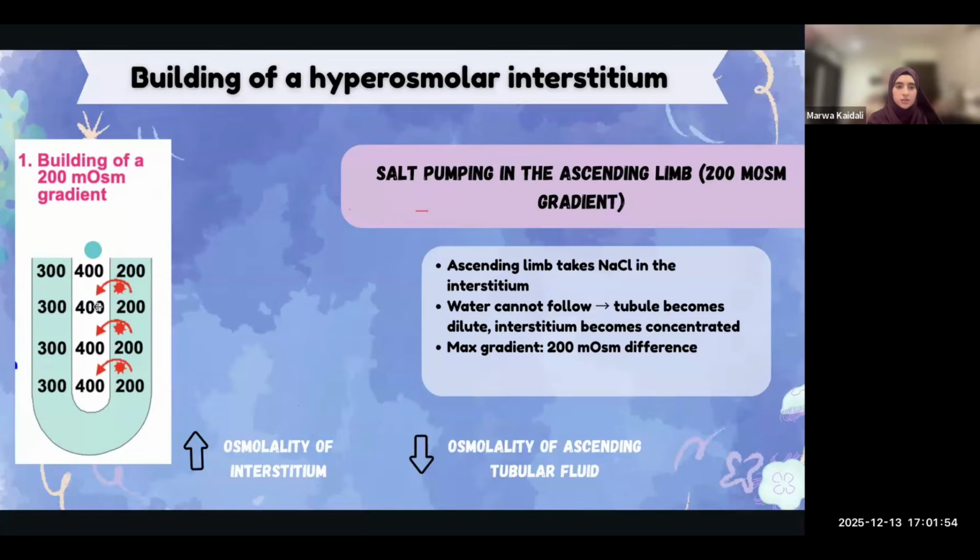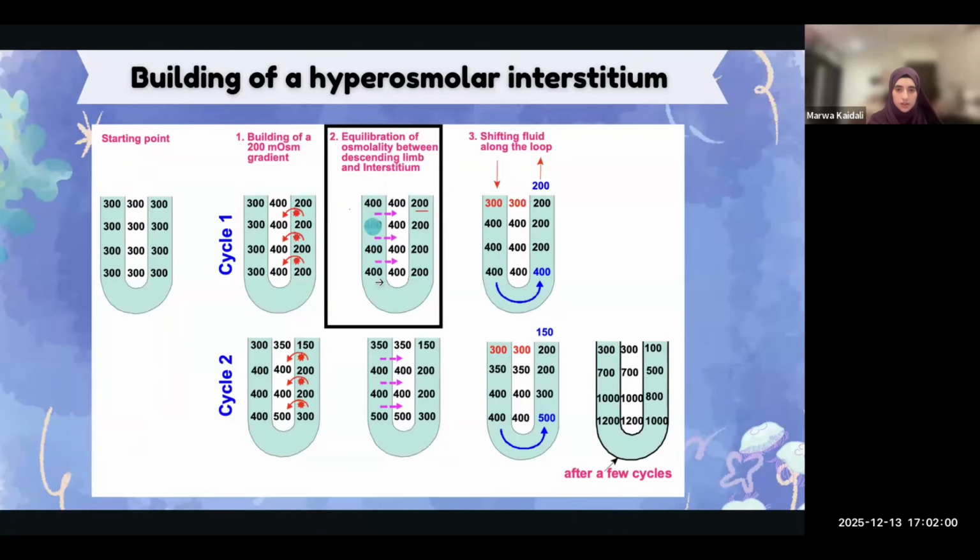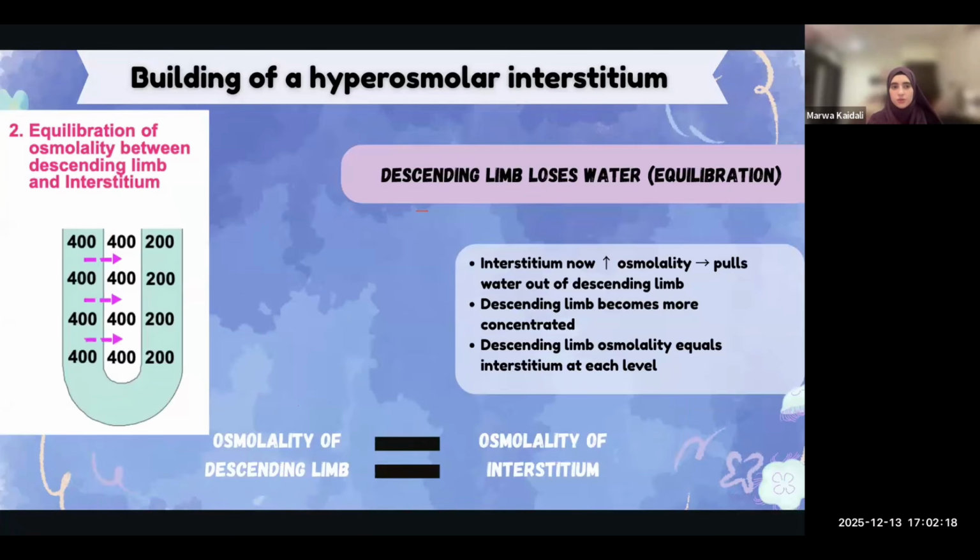We made the interstitium at 400 over here, and then we're going to have water reabsorption to concentrate the descending loop. Okay, so those were the first 2 steps.